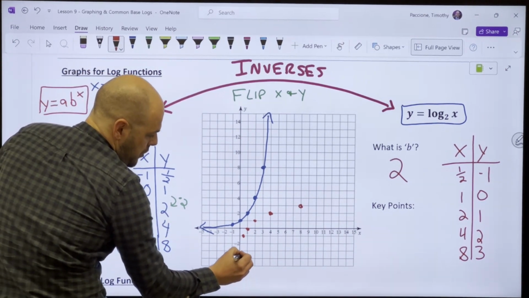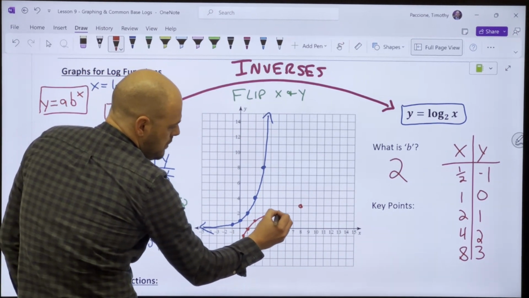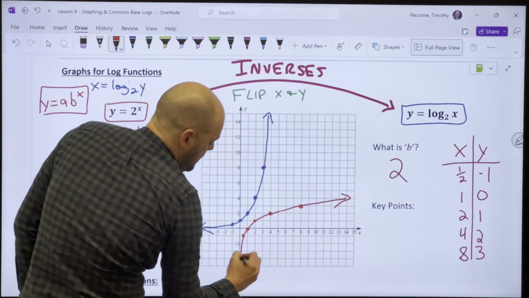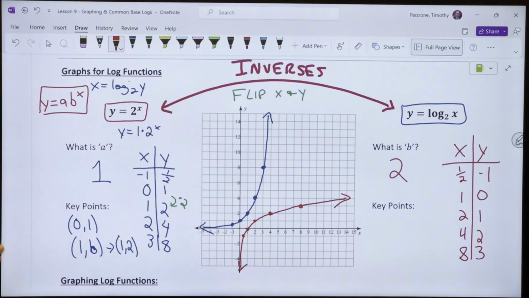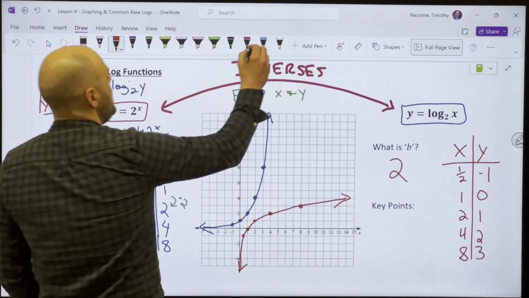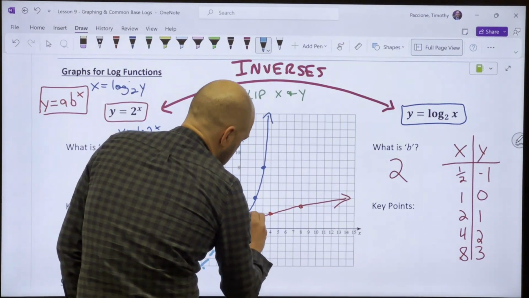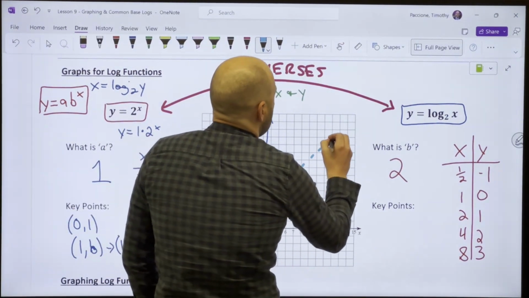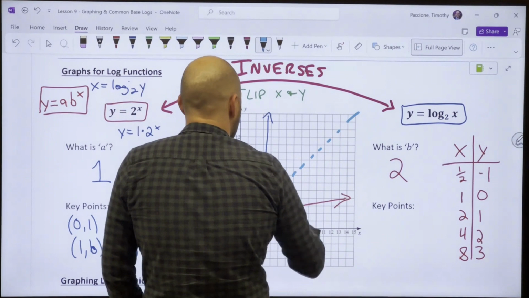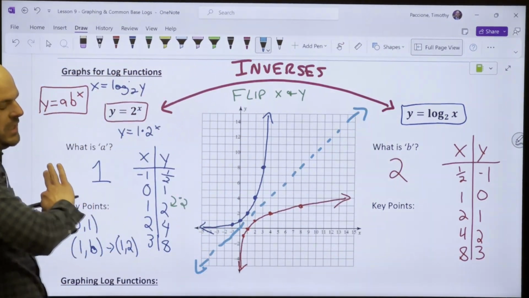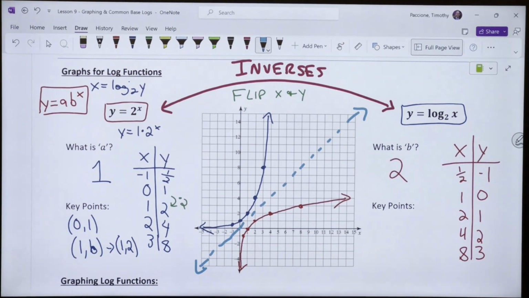This is going to hug the y-axis. Okay? Now, you'll notice that this thing kind of flips over like an imaginary line, right? That line has a name. It's called the y equals x line. And it cuts the graph right down the diagonal. So you should see that flip if you want to sense check your work.